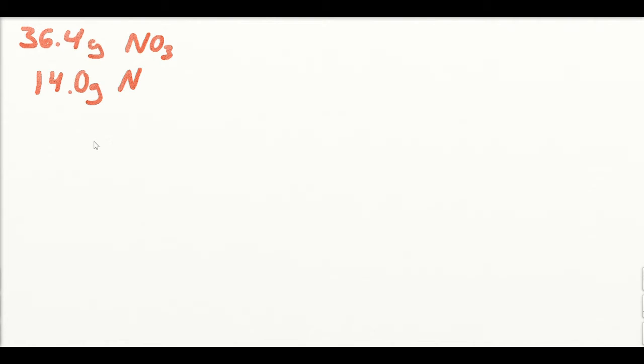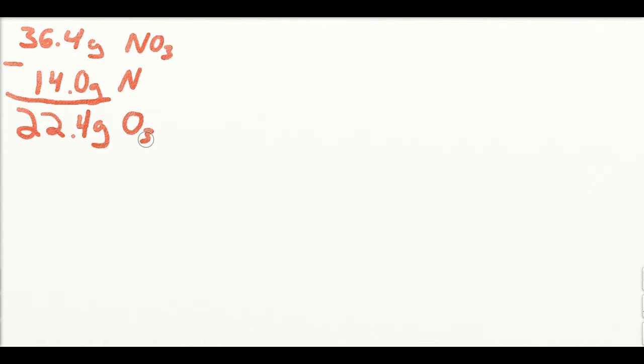Now, mind you, if you have the compound, the NO3 together as 36.4, you will need to subtract 14 so you can get your answer for oxygen. So 36.4 minus 14 would give you 22.4 grams for oxygen 3.